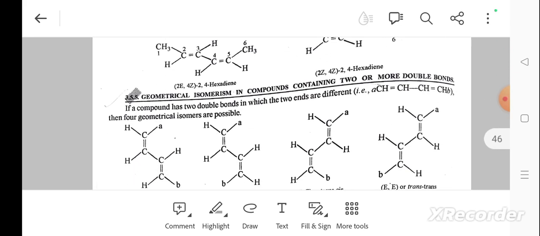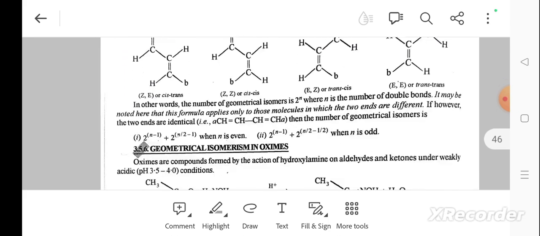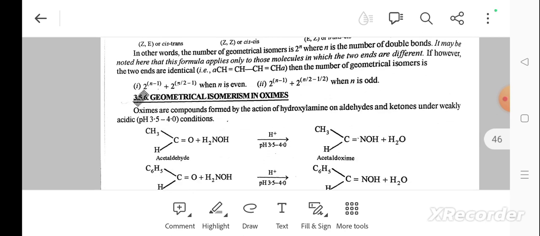Geometrical isomerism in compounds containing two or more double bonds. If the compound has two double bonds in which the ends are different, then four geometrical isomers are possible. In other words, the number of geometrical isomers is 2 to the power n, where n is the number of double bonds.